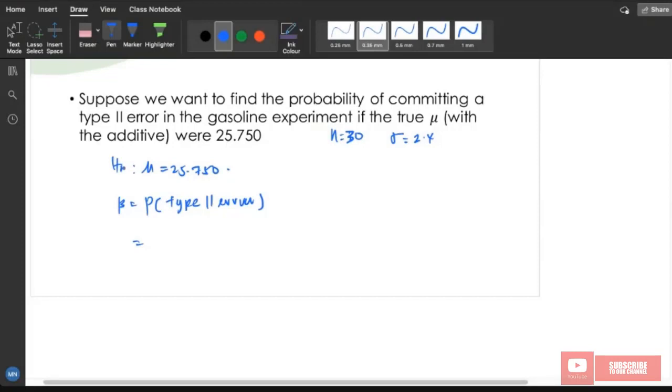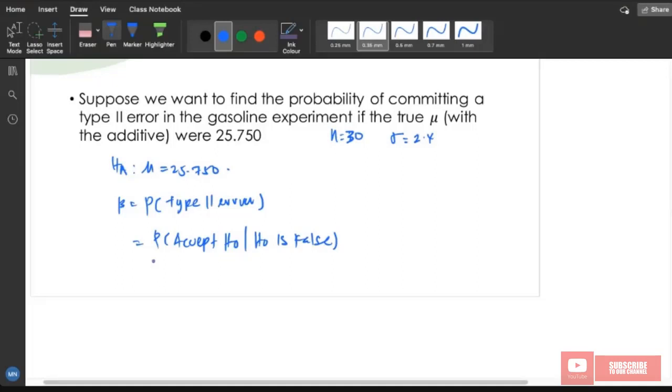This is type 2 error, right? Okay, this is the alternative hypothesis, yeah, correct. So we have the probability of accepting the null hypothesis when the null hypothesis is false. The type 2 error.